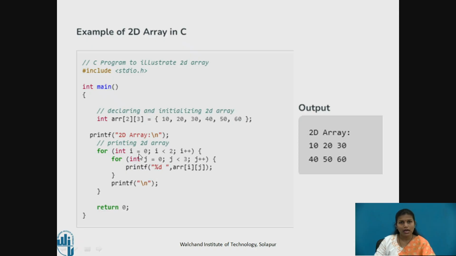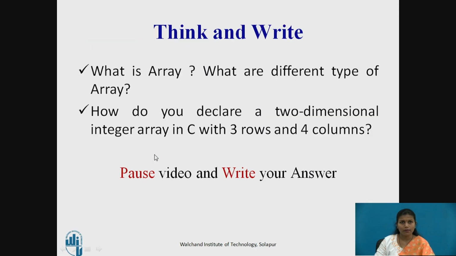When i is equal to 0, it will loop the j from 0 to 2, and again for i is equal to 1, it will again loop for 0 to 2 for the next dimension. So this is nothing but the array illustration and implementation by using two dimensions.